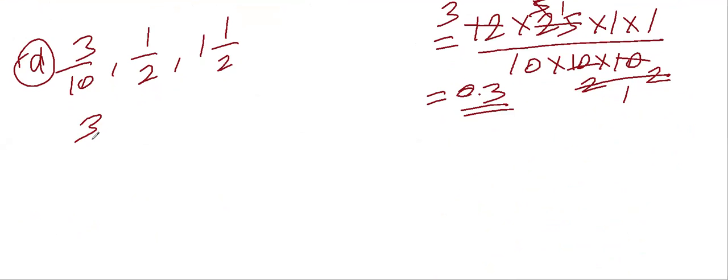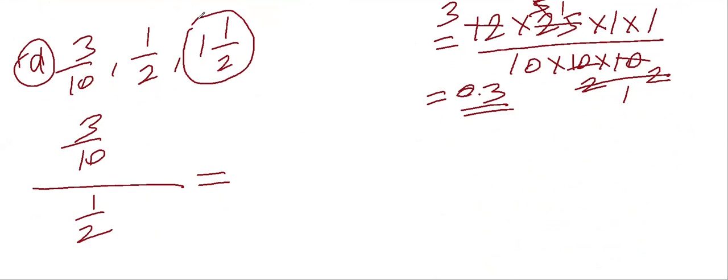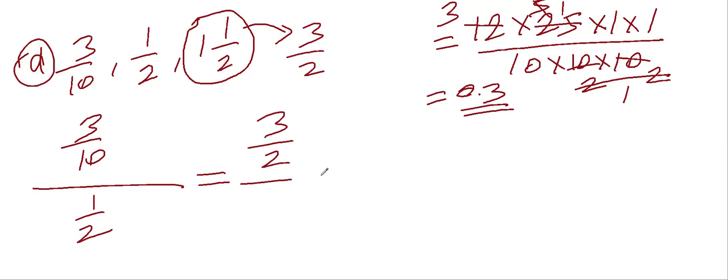So I will write 3 by 10 divided by 1 by 2 is equal to 1.5, that is 1 by 3 I can write as 2 ones are 2 plus 1, 3. So it will be 3 by 2. So I am writing here 3 by 2, and this will be my fourth proportional that I need to find.